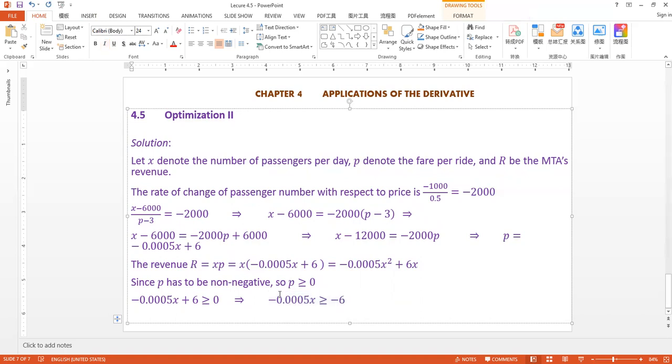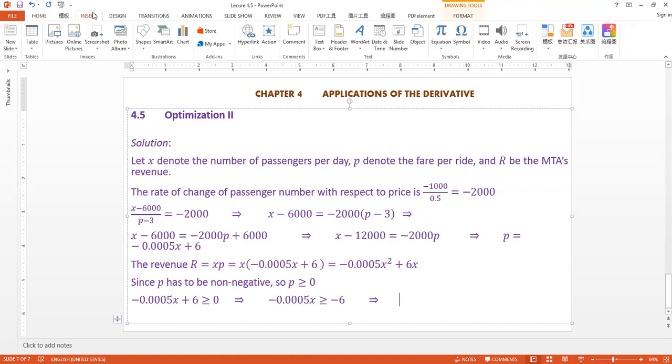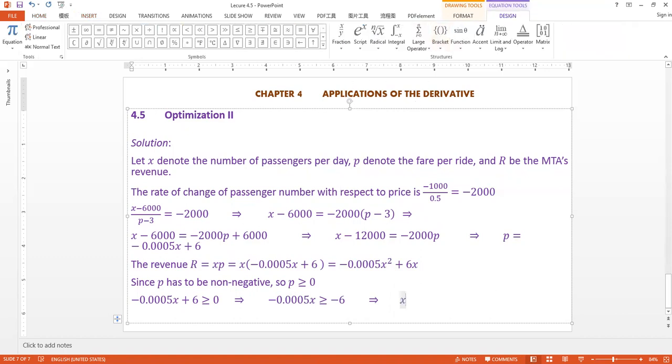And then we divide by negative 0.005 on both sides. Remember, when you divide by a negative number in an inequality, you have to reverse the order.